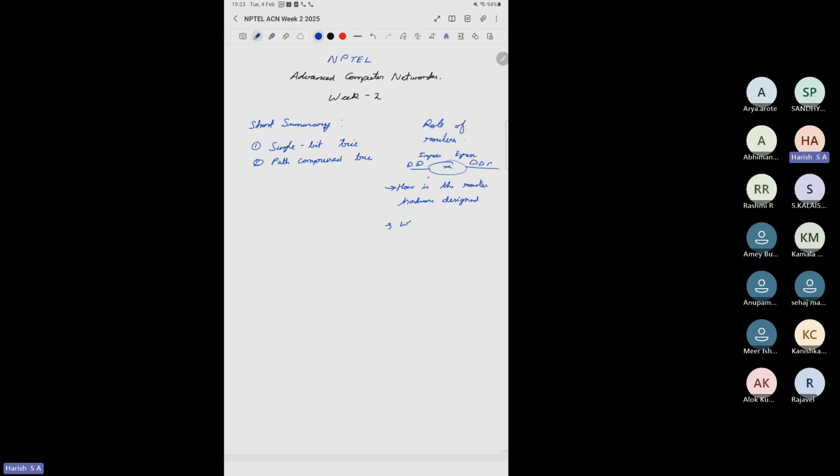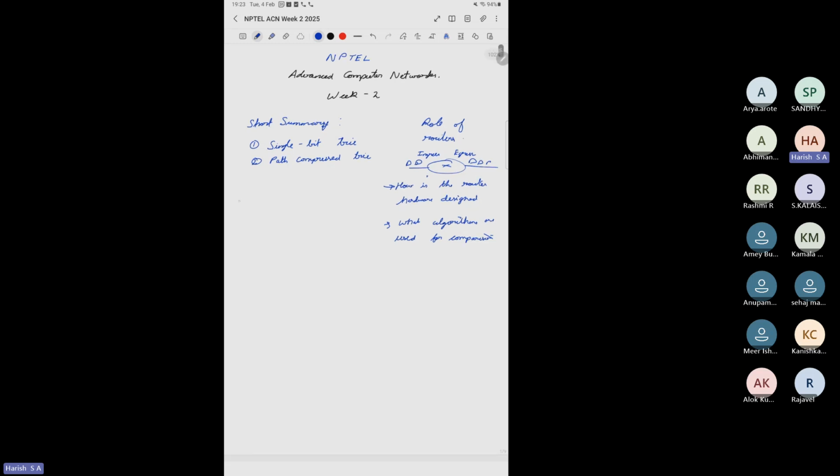And what algorithms are used for comparison? Because as we discussed in the last class as well, what is the whole process of routing based on? It's based on something called IP addresses. So what is an IP address?